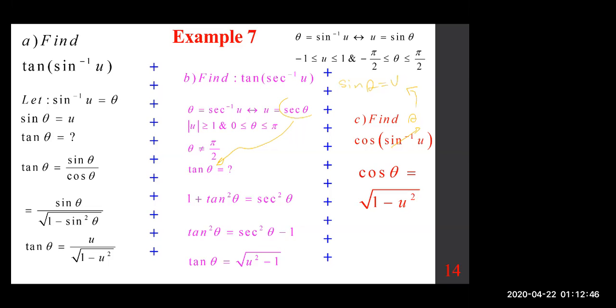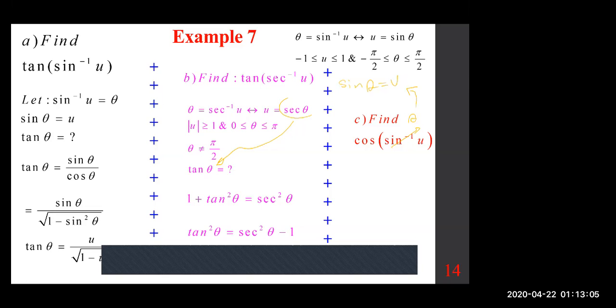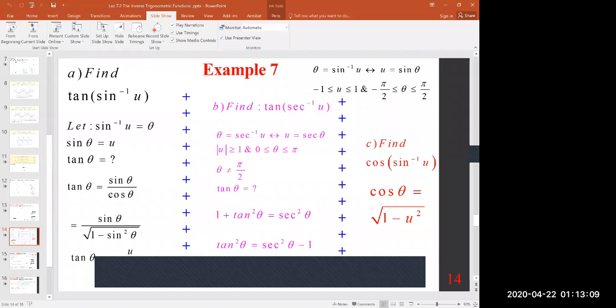All right. So we're done with this section, class, inverse trig functions, and we needed this to be able to do the next section. All right.